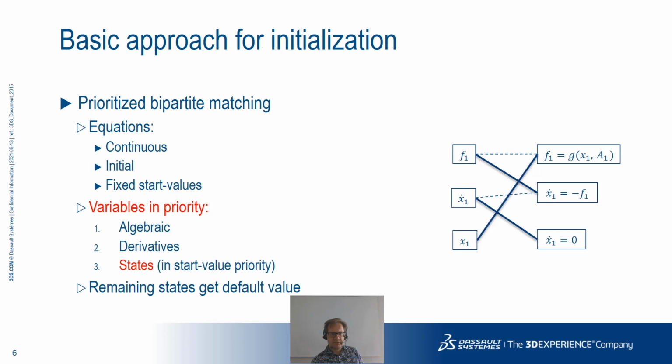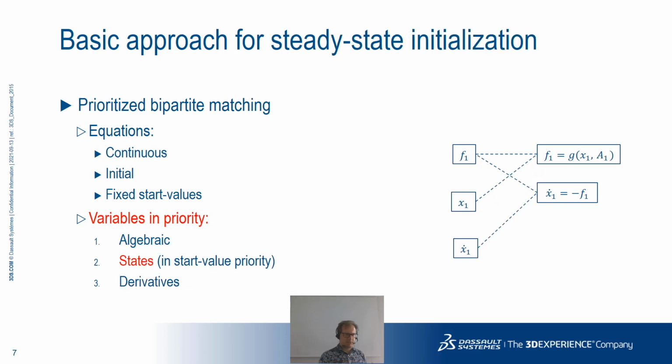And the new method we have, which automatically does this, is similar to what has been done before. It's just that we take all the same equations, same initial equations, fixed start values. It's just when we match, we do it in a different priority. First algebraic variables as before, but then the states, not the derivatives, and we do the states in start value priority.